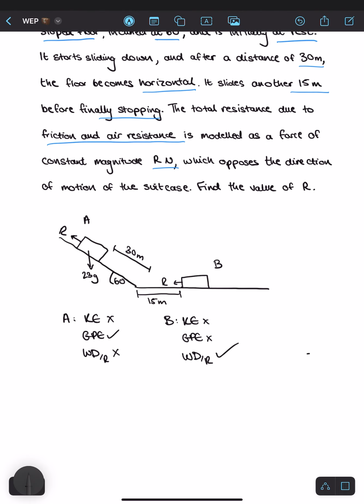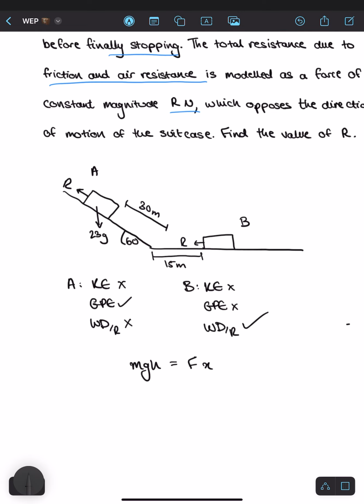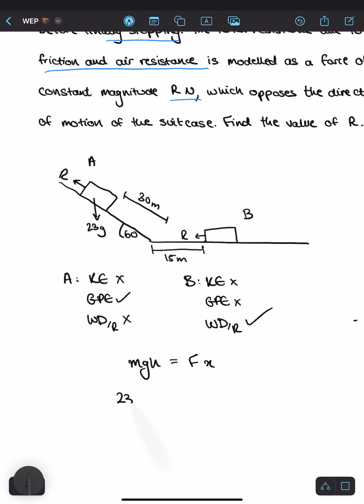So all we have to do is write this as our equation. So GPE, the equation for that is mgh. That is equal to the work done against the resistance, which is force times distance. Okay, now we just sub in some values. So what is the mass of this suitcase? 23 times g, which is 9.8, times by the vertical height.